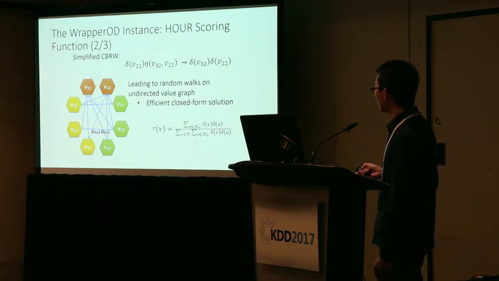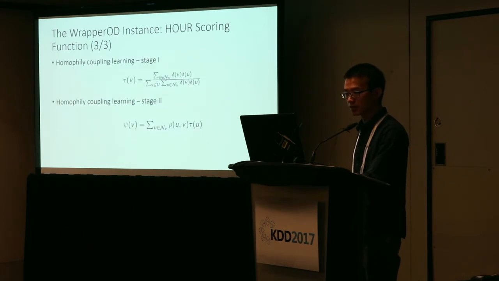Based on these observations, we can simplify the CBRW to an undirected value graph. The benefit of an undirected value graph is that random walks on this kind of graph have very efficient closed-form solutions. This helps us to have very efficient initial value outlierness estimations.